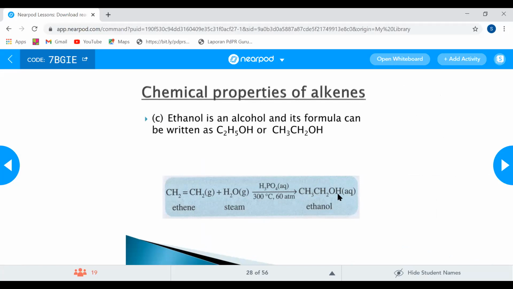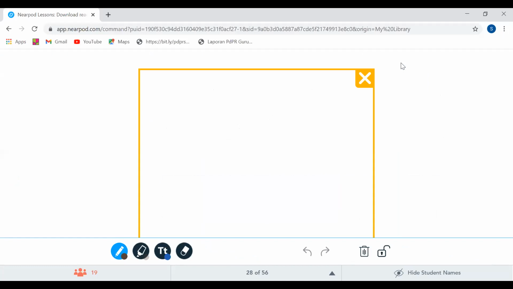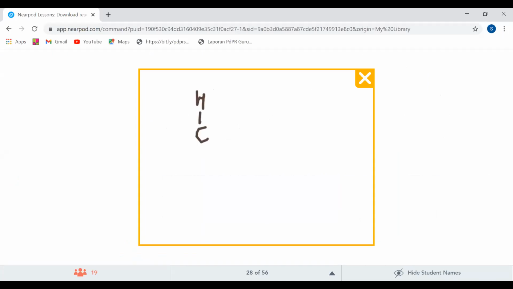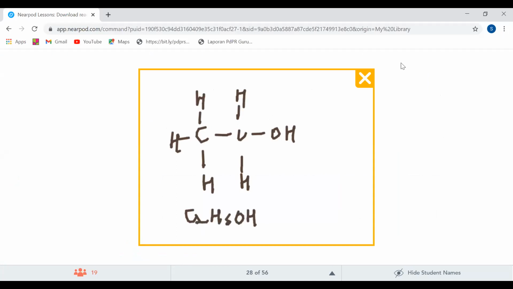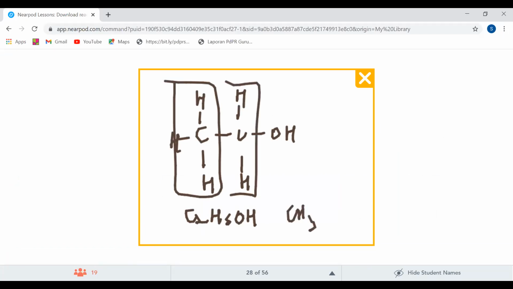CH3CH2OH, because when I draw ethanol earlier, I'm extra drawing OH like this. So you can actually write it as C2H5OH, or this is CH3, this is CH2, and then this is OH.